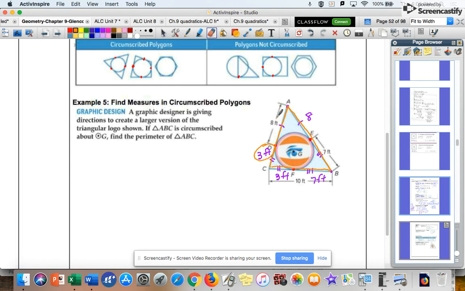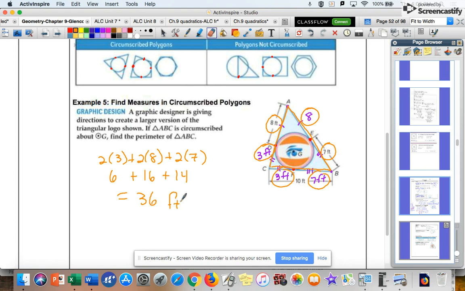Now we have 3 plus 8 plus 8 plus 7 plus 7 plus 3. So 2 eights, 2 threes, and 2 sevens. 2 times 3 plus 2 times 8 plus 2 times 7 is 6 plus 16 plus 14, which turns out to be 36. We do have a label there, so let's put it in, 36 feet.